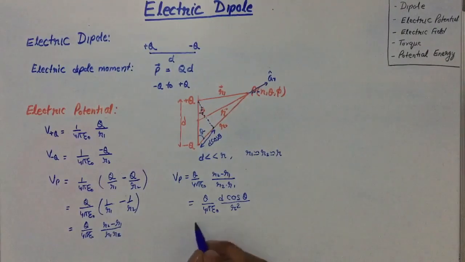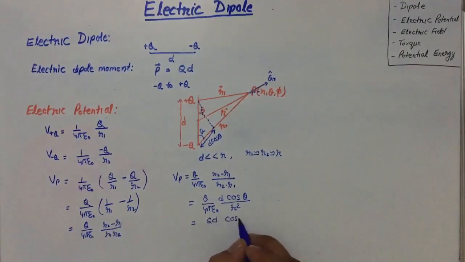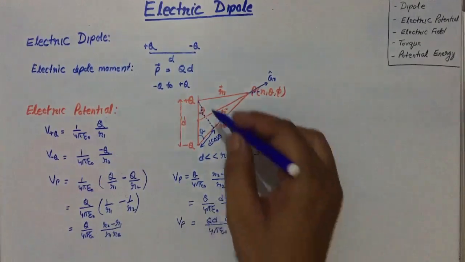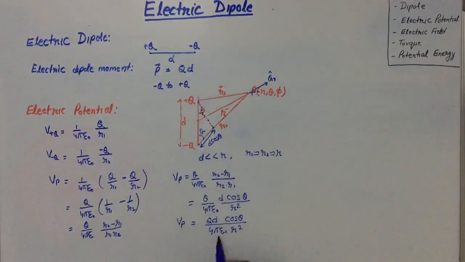And if we further simplify this, then we will find q d cos theta divided by the previous term. Okay, this is V due to the dipole moment. Due to this dipole system, the potential is this.